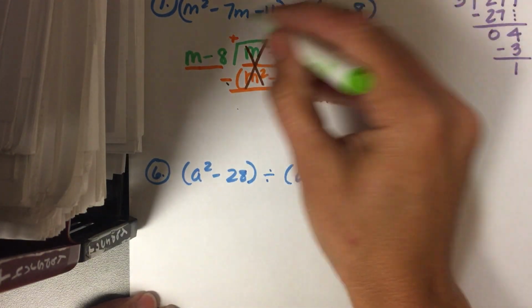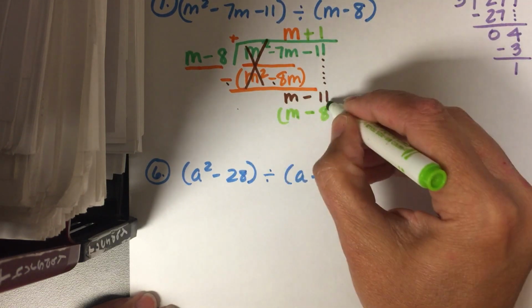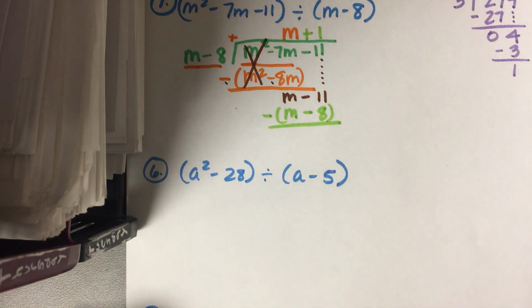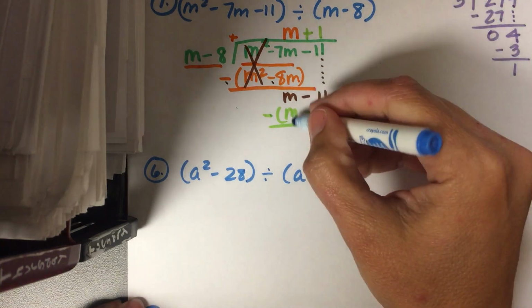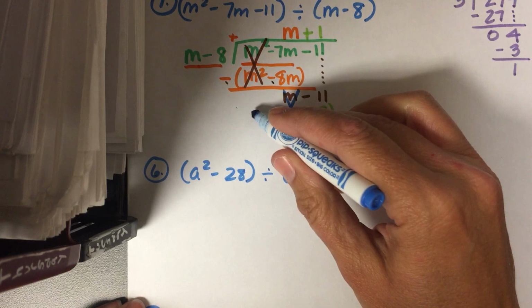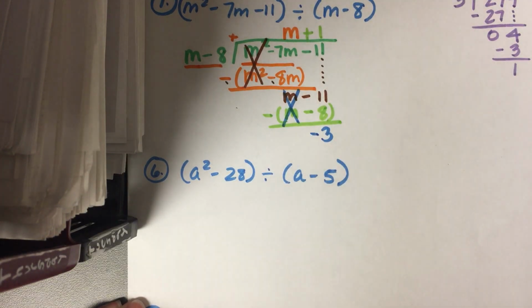I multiply 1 times m, which is m. 1 times negative 8 is negative 8. Then I'm going to look at combining. m minus m cancels. Negative 11 minus negative 8 becomes a plus, and that leaves me with negative 3.